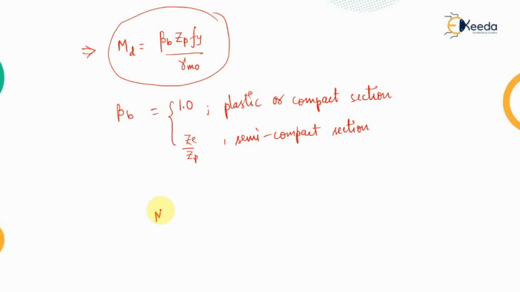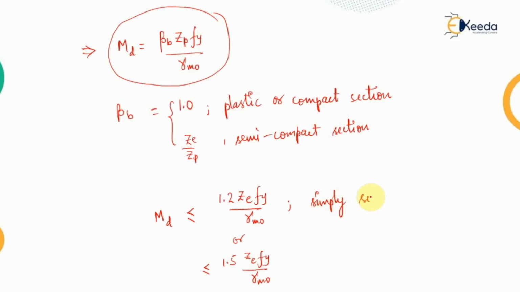And this Md value that we will be calculating should be less than 1.2 times Ze Fy divided by gamma m naught, or less than 1.5 times Ze Fy divided by gamma m naught. Now the first case will be used when the given beam is a simply supported beam.